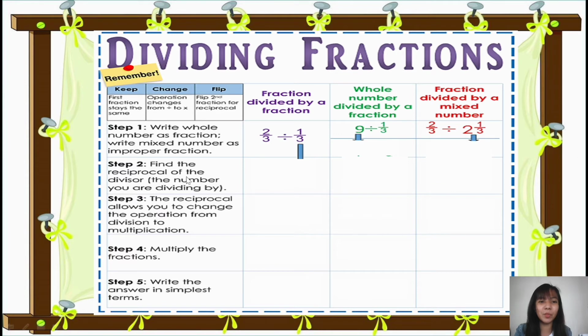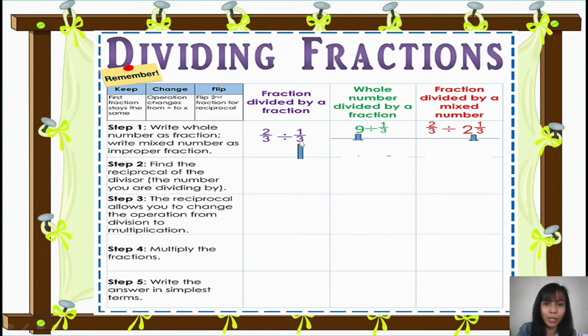Find the reciprocal of the divisor. Again, this is the divisor, right? You have to remember that you can only do the reciprocal in the divisor, not in the dividend. Always in the second number.